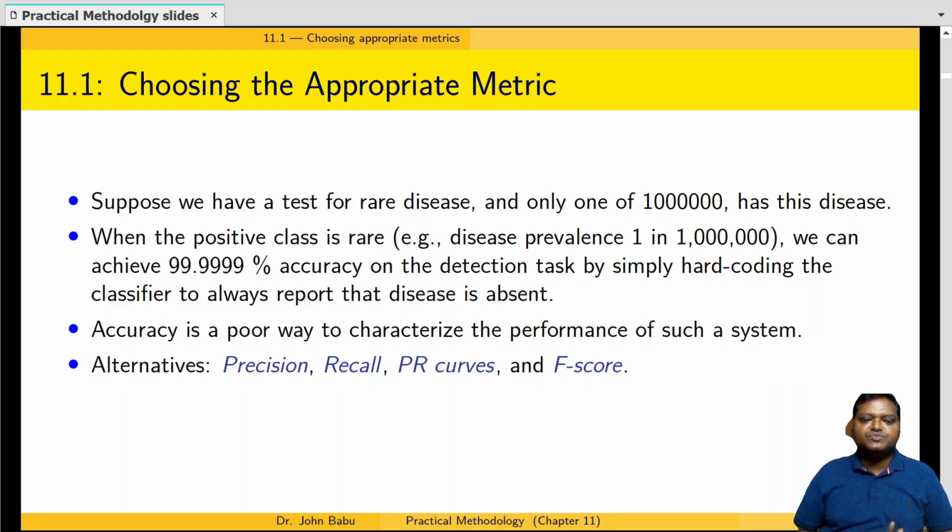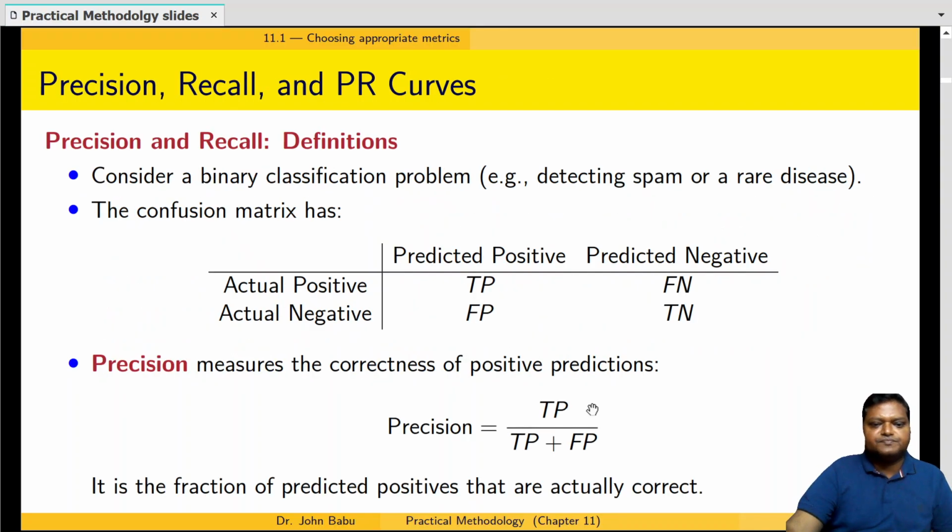You will get 100% accuracy. So though you are saying 100% accuracy, that is a poor way of characterizing. So alternatives to accuracy are precision, recall, F score, and precision recall curves.